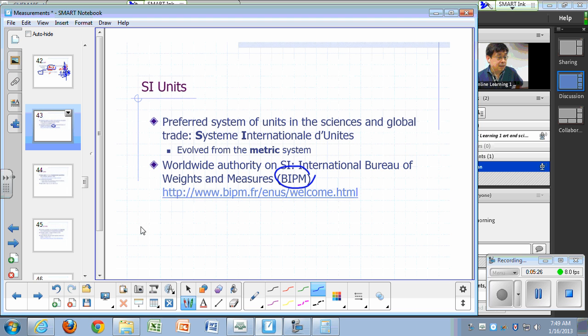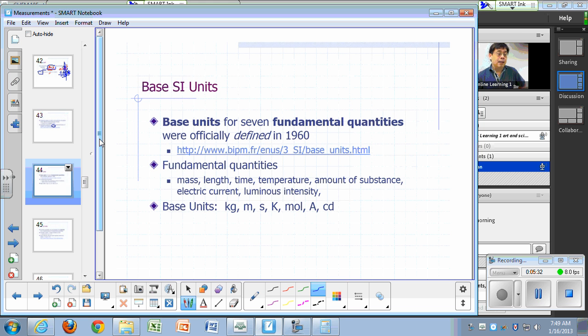Let's go over some of the important aspects of the SI system. The SI system defines what are known as fundamental quantities, and it defines a unit for those 7 fundamental quantities. They were officially defined in 1960, and this is the link to the website that has the official definition.